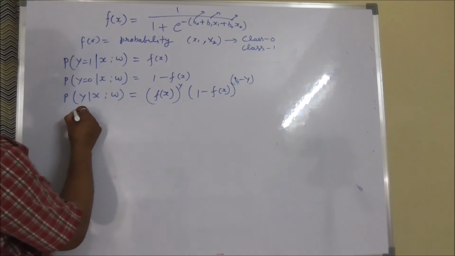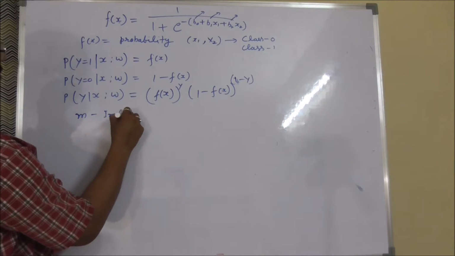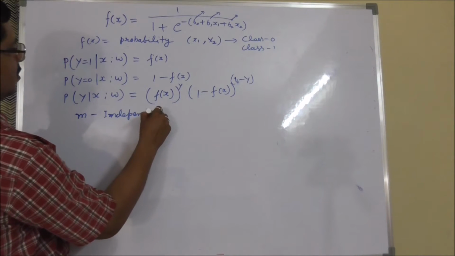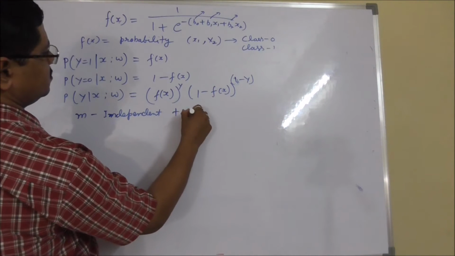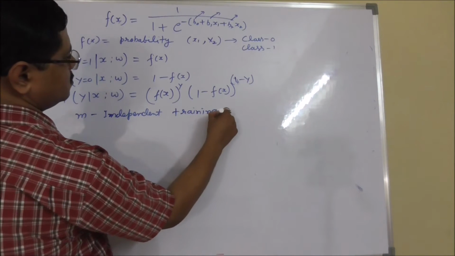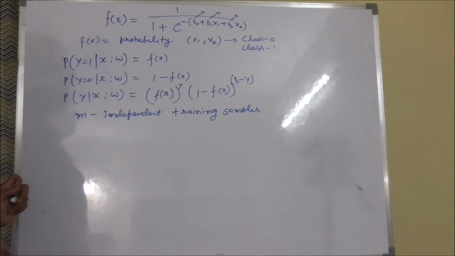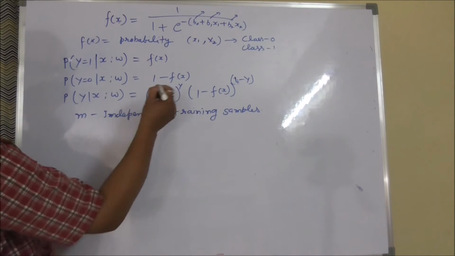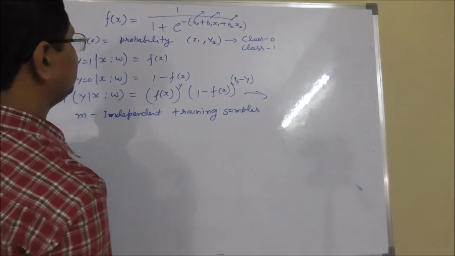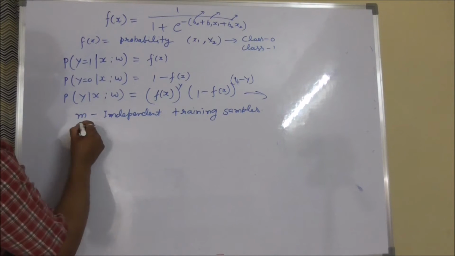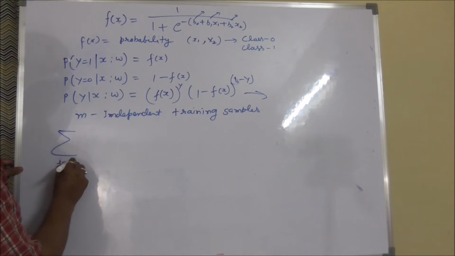Now suppose we have m independent training samples. In this case, we can rewrite this equation as a likelihood of the parameters like that.